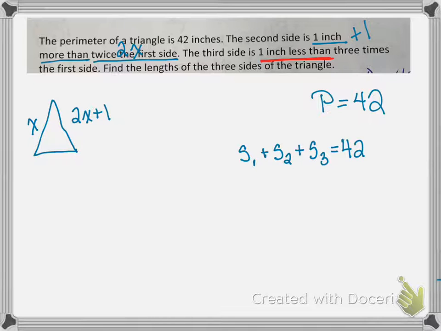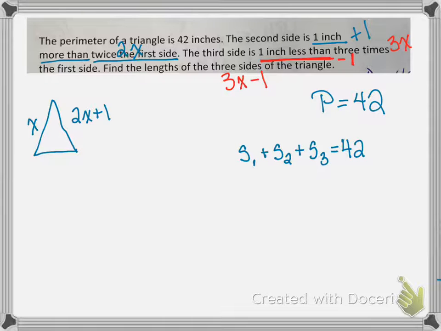It's that less than. And when you write that minus 1, typically students get it right when they break it out. Now, how do I do 3 times the first side? Good. Now, this has to be written 3x minus 1.